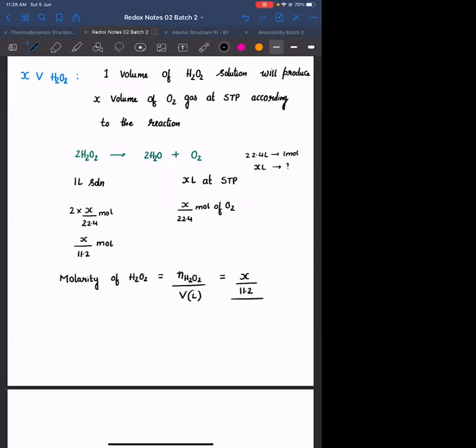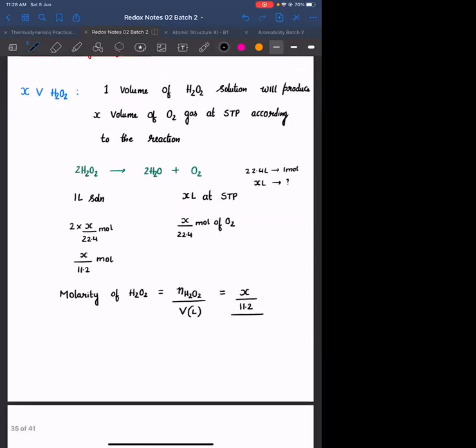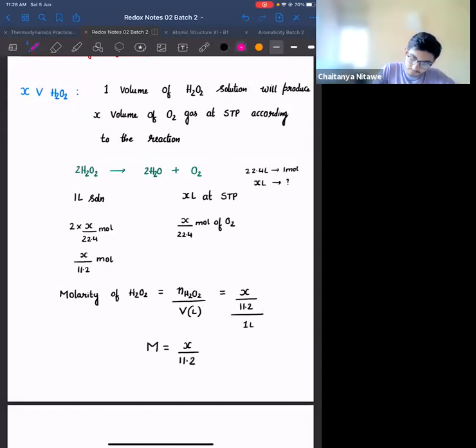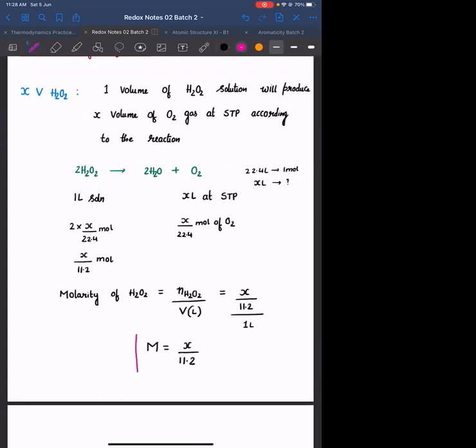And what is the volume we have taken? 1 liter. So divided by 1 liter. So what is the molarity of X volume strength H2O2 solution? Nothing but X upon 11.2. Agreed? This is the relation between molarity and volume strength. Any doubt, anyone?